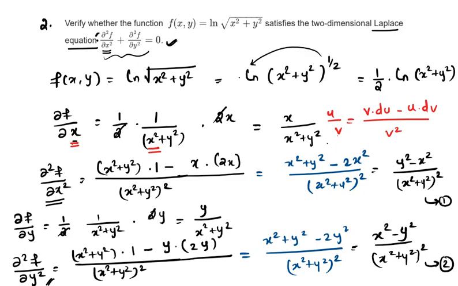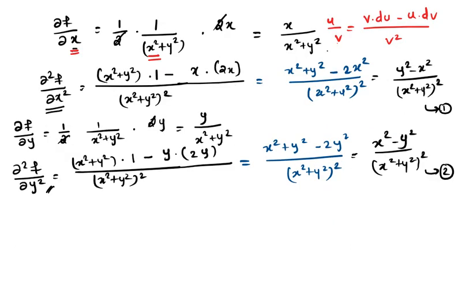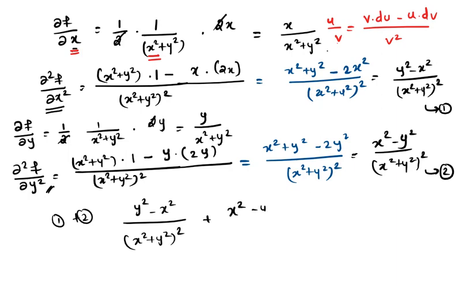So I'll write it down for clear understanding. So here we will have, adding 1 and 2, (y squared minus x squared) divided by (x squared plus y squared) the whole squared, plus (x squared minus y squared) divided by (x squared plus y squared) the whole square.